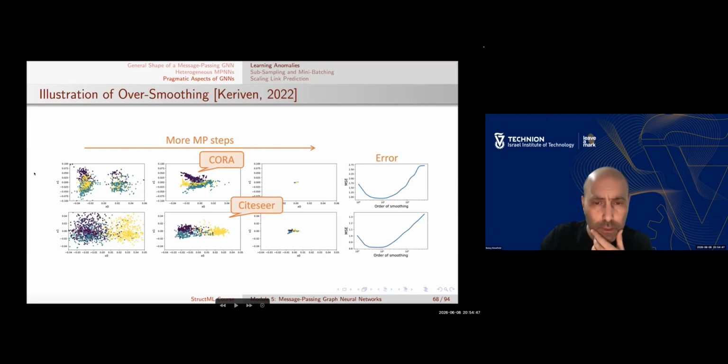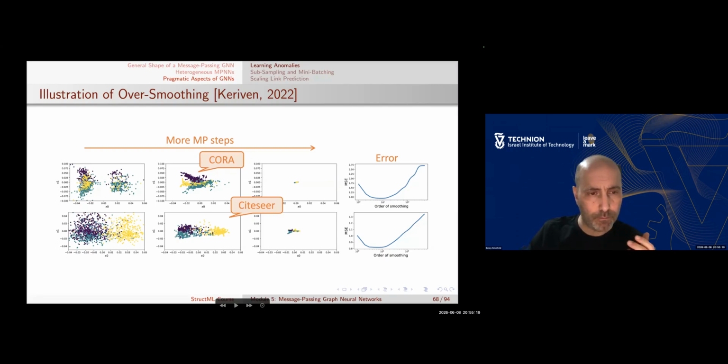So these are two figures that illustrate what is going on. Here we have two publication data sets, and each row is a data set, and each chart in each row from left to right shows what happens when you're doing more message passing steps.